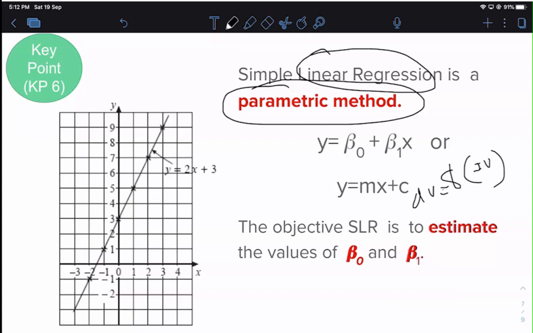And here the objective in case of this parametric method is to estimate the values of these two different parameters, that is beta 0 and beta 1. Simple linear regression is a parametric method.